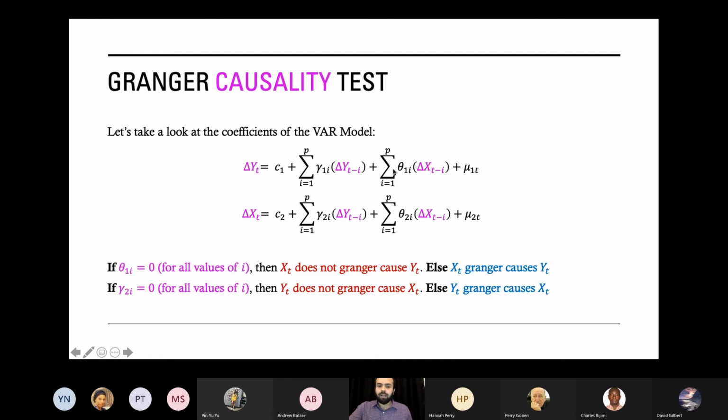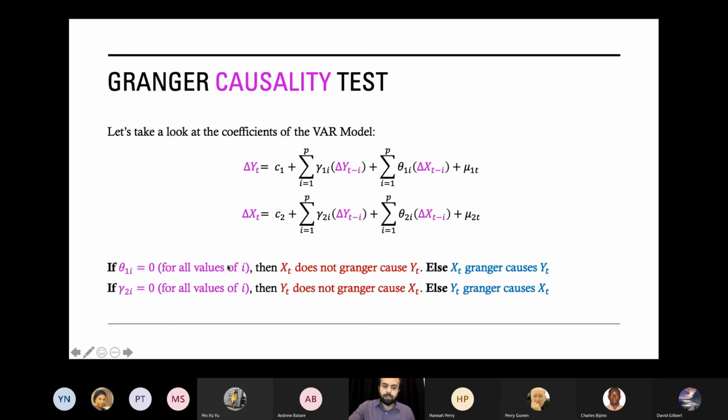The assumption is that if there is no causality, if income is not affecting consumption, then yesterday's fluctuations in income are not supposed to affect today's consumption. But if income does Granger cause consumption, which is the term used, then yesterday's fluctuations in income will cause today's consumption to fluctuate.